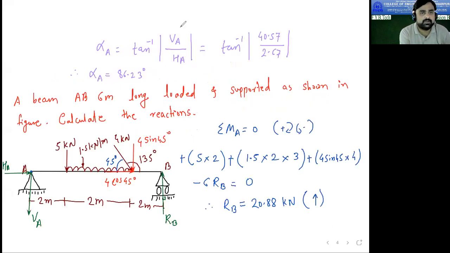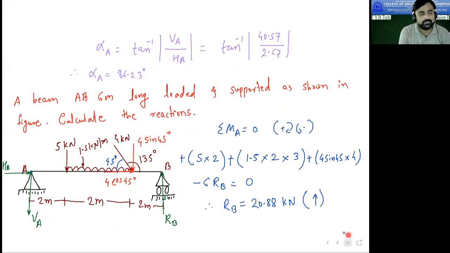Here you can see this HA, we have assumed that it is moving to the right hand side, so HA will be positive. Then the next force will be this 4 cos 45. It is also moving in the rightward direction, so this is also positive. There is no other horizontal force.